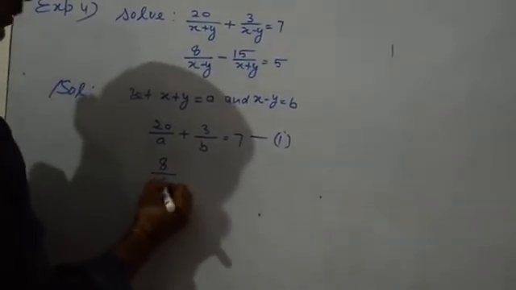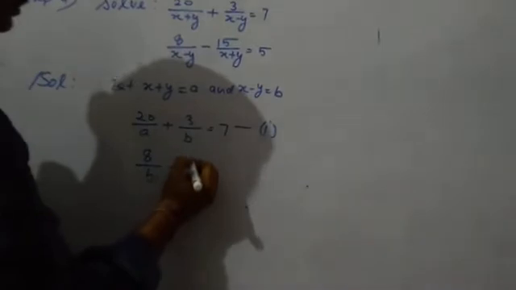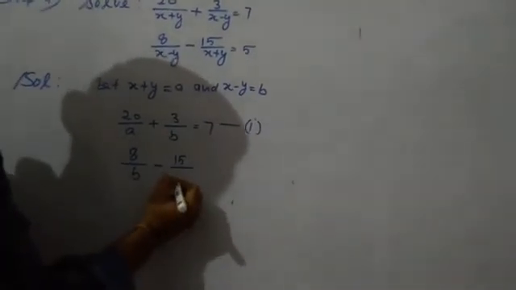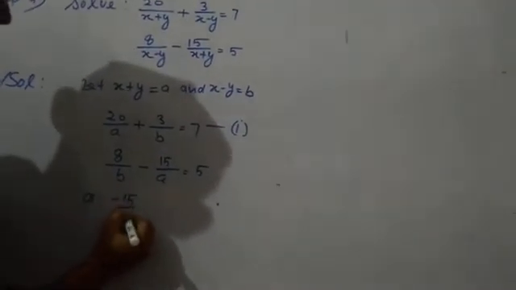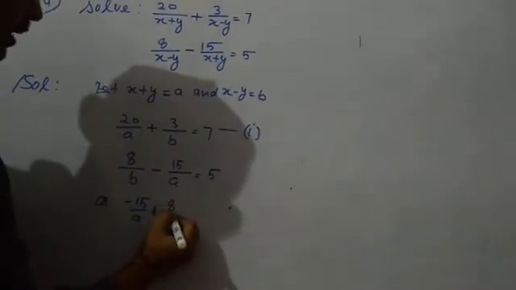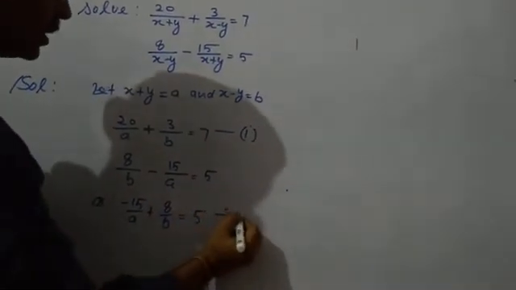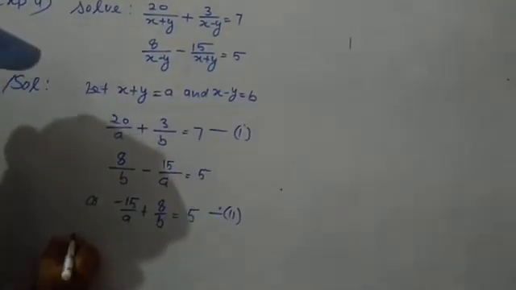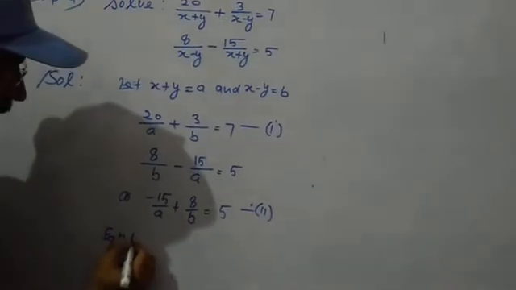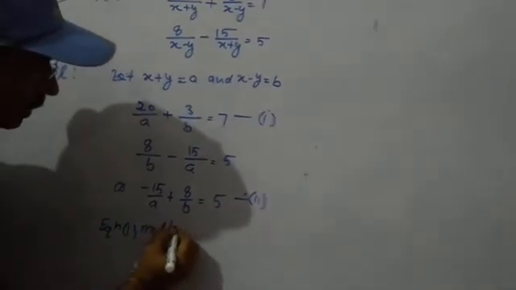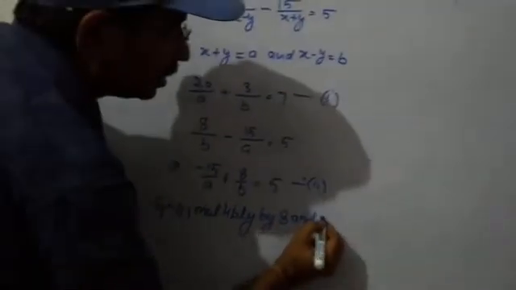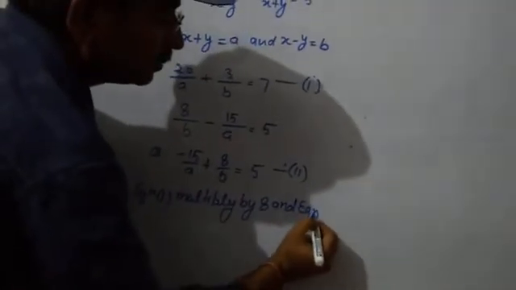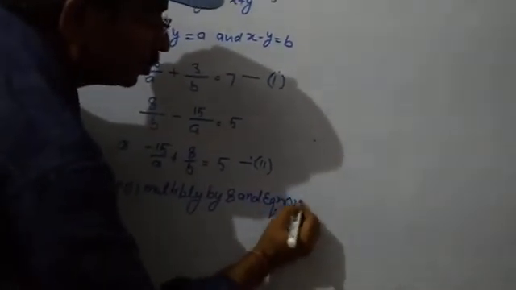8 upon b minus 15 upon a equal to 5, or minus 15 by a plus 8 by b equal to 5, equation 2.